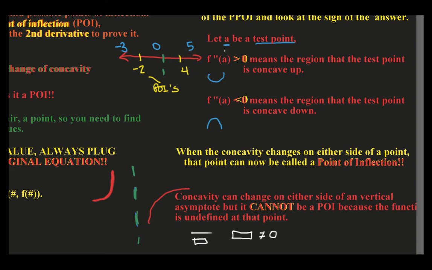And then had one more test point of something between 1 and 4, so 3, doesn't matter, anything in between. And then that would have also got plugged in. So if you would have gotten a number greater than 0, again, that would have been concave up. If it was a number less than 0, it would have been concave down. And you're plugging it into the second derivative.